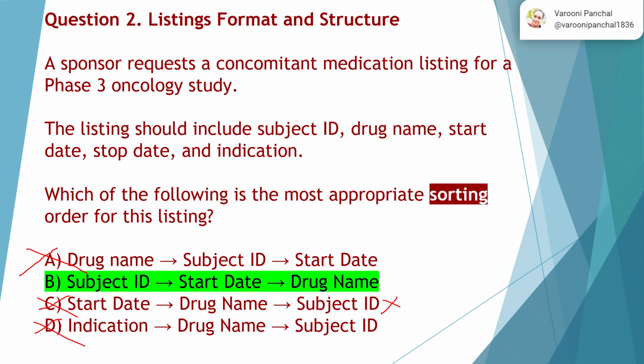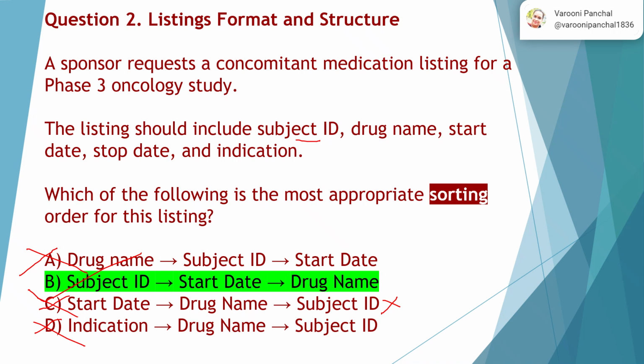It says the listing should include subject ID, drug name and start date, right? So the idea here is to sort the listing by subject ID first, then by start date and then by drug name. So this listing will give you the review of all the drug names that have been started by a specific particular subject.